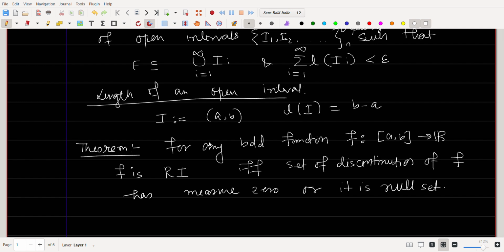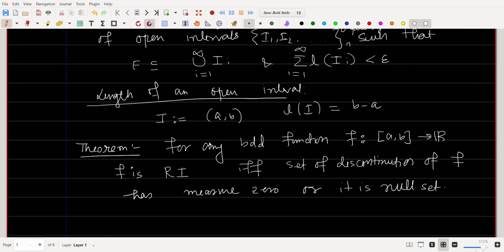If you have any bounded function from [a, b] to R, then you can say it is Riemann integrable if and only if the set of discontinuities of F has measure 0. This is an if and only if condition. That's why it is a very, very important theorem.